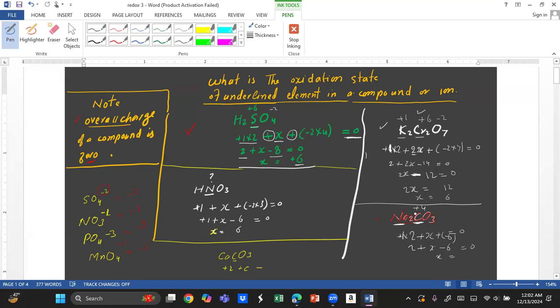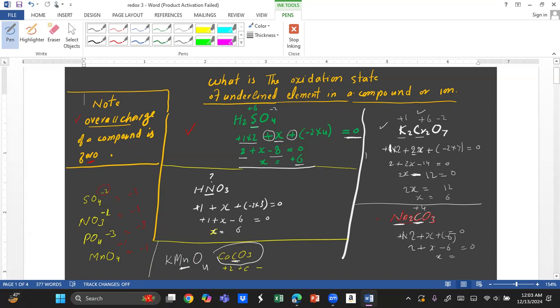Hope you understand. So I have one more example for you. This is calcium carbonate. You can find it yourself, right? What is the oxidation state of carbon in calcium carbonate? This is your work. Similarly, you can find it for KMnO4, the oxidation state of Mn, please do this one.